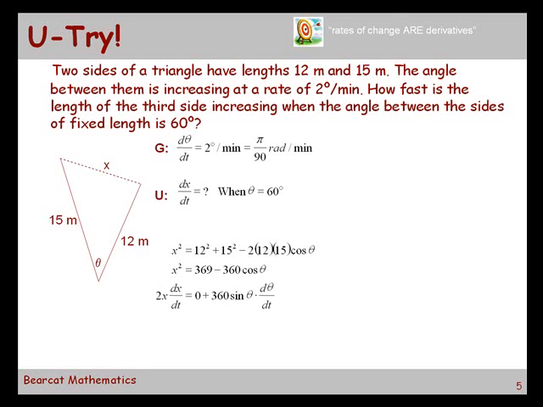We need to see theta as a function that's inside the cosine function, so we need to follow the chain rule there. Where did the positive come from on the 360? The derivative of cosine is negative sine, so the negative times the negative makes it positive.